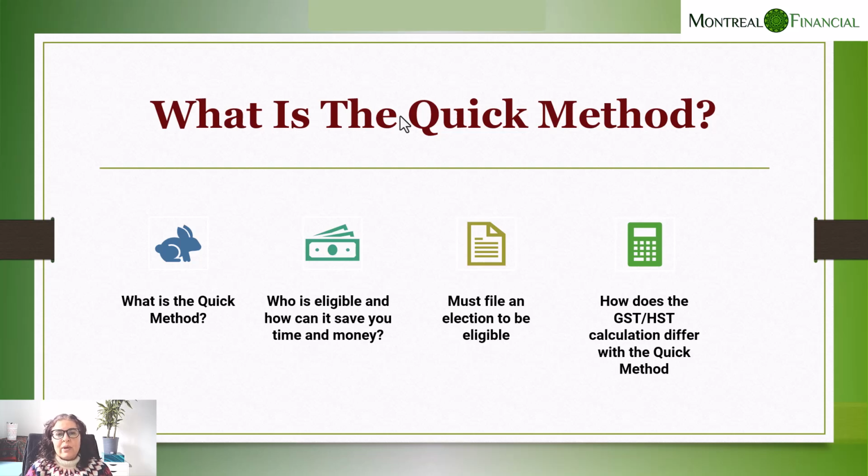Generally speaking, when you're registered for GST, HST, you are required to collect sales taxes from your customer, and you're then required to remit that to the government on a periodic basis, monthly, annually, or quarterly.